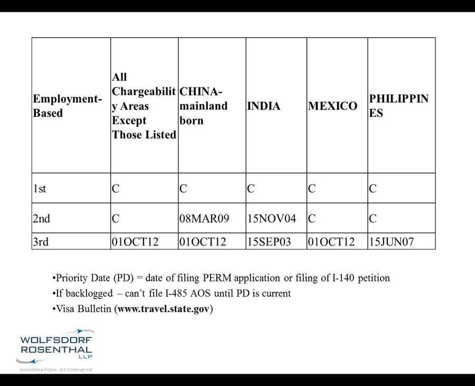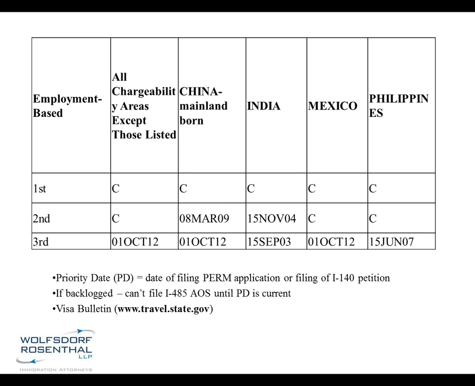So the priority date is established, for purposes of this conversation, when you file your I-140 petition. And if you are in a backlogged category or country, after you file your I-140 and it's approved and you have your priority date assigned, you're basically just sitting here watching the Visa Bulletin on a monthly basis, waiting until you have a current date.